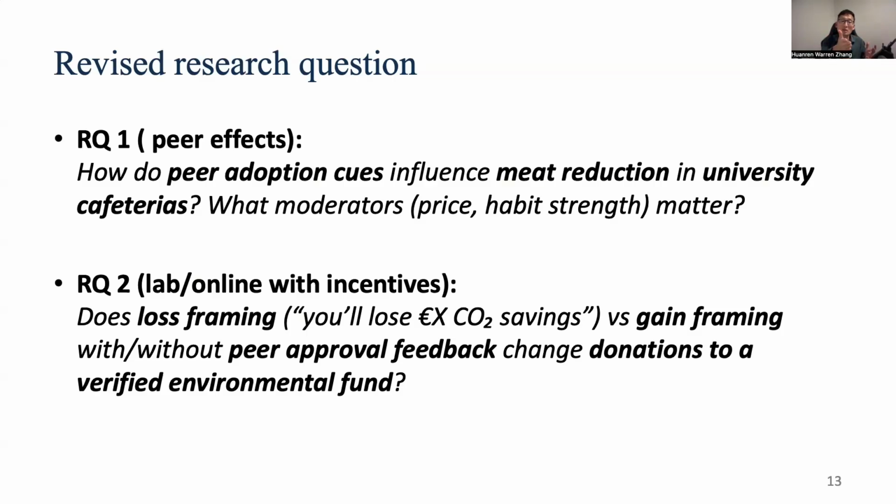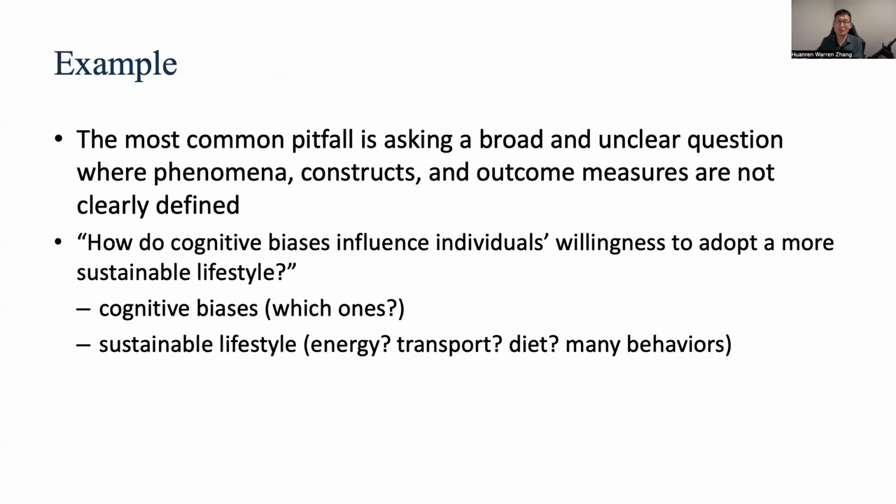So again, when you read this research question, it feels quite different from the previous one because after reading this question, you have a clear idea on what the researcher is planning to do, right? And also the corresponding treatment, experimental design becomes clear in your mind, and how the outcomes are measured, you probably also have a great idea. In contrast, this question, right?